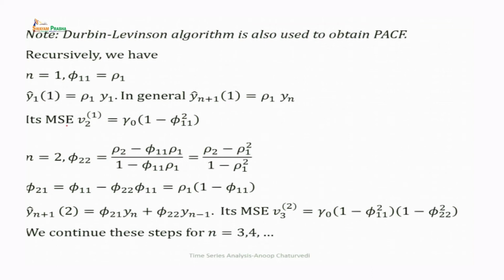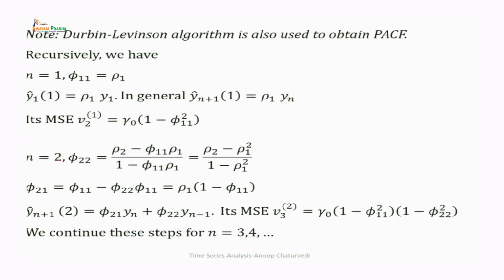Its mean squared error is V 2 1 is equal to gamma 0 into 1 minus phi 1 1 square. We just take n equal to 1 and phi 1 1 equal to rho 1.